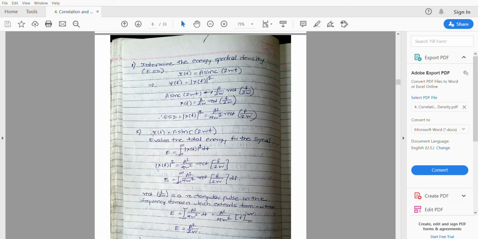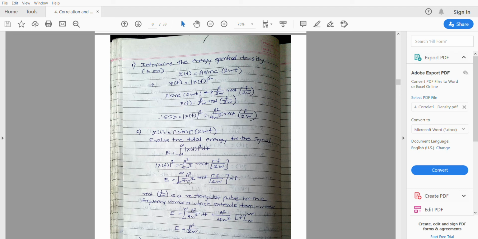Second, here x of t is again given as the sinc, but the question asks us to evaluate the total energy of the signal. For the total energy in the frequency domain, we find it with the help of Rayleigh's energy theorem. E is equal to the integral from minus infinity to infinity of |X(f)| squared df. We already have |X(f)| squared, that is a squared upon 4w squared rect of f upon 2w.